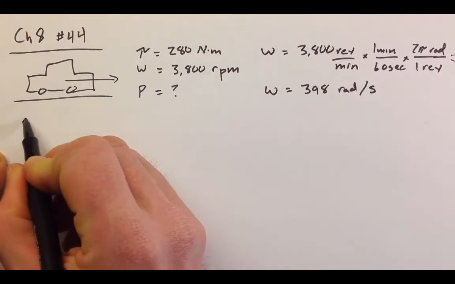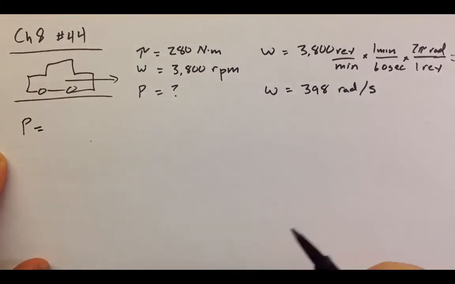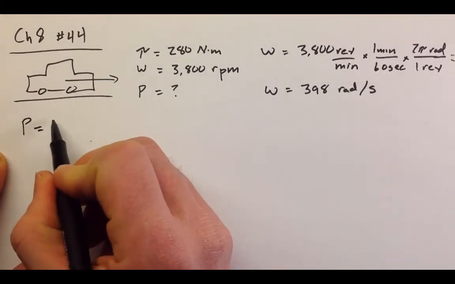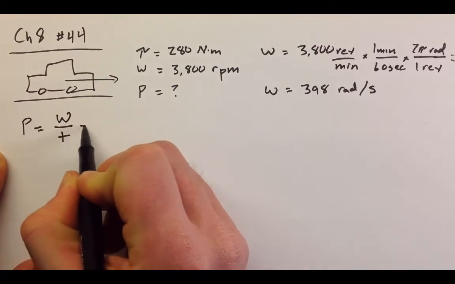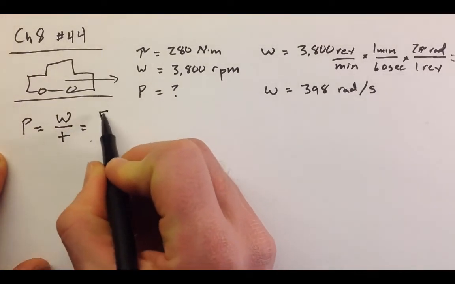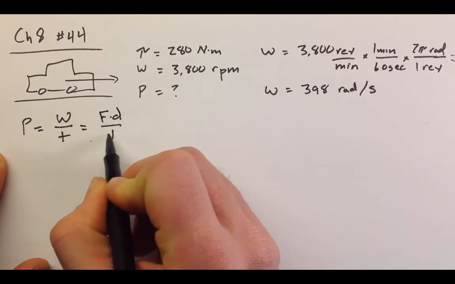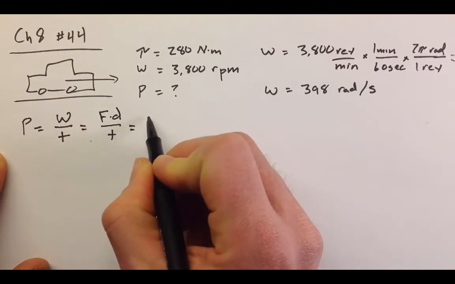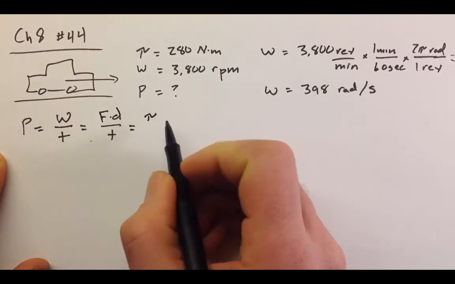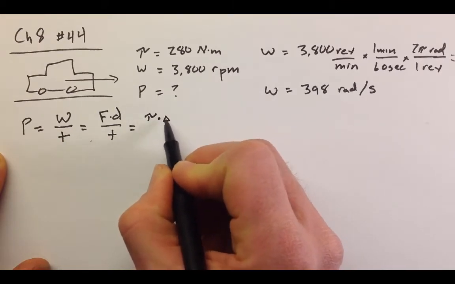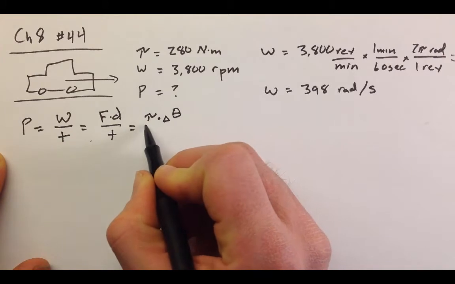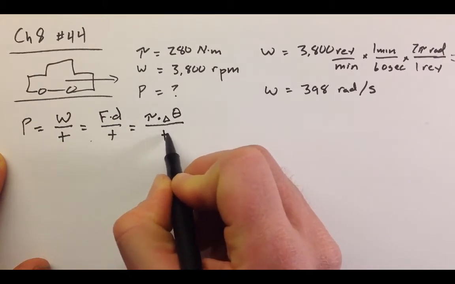So what is power in the rotational sense? Well, I kind of forgot, but I know it's work divided by time. What is work? That's force times distance in the linear sense, but I can't use that. So what's force in the rotational sense? That's torque. What's distance? That's angle, and divided by time.